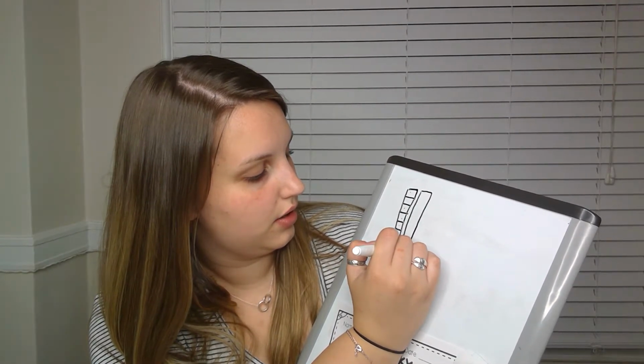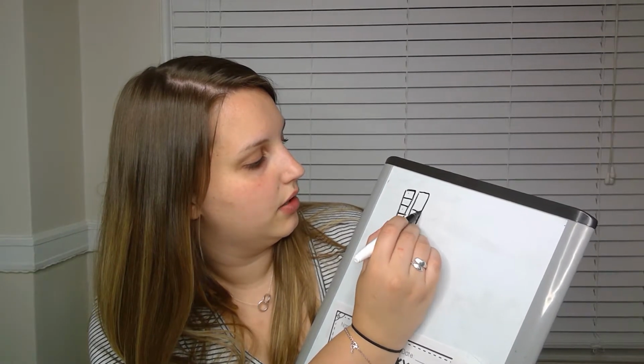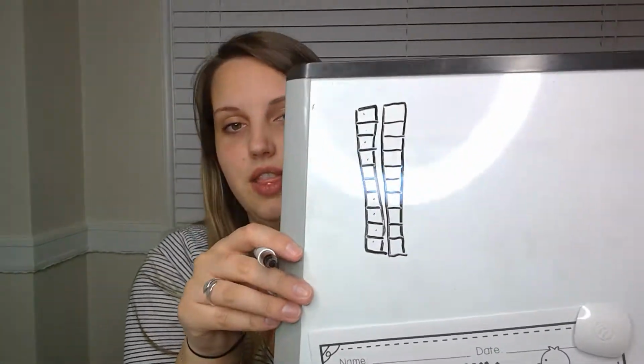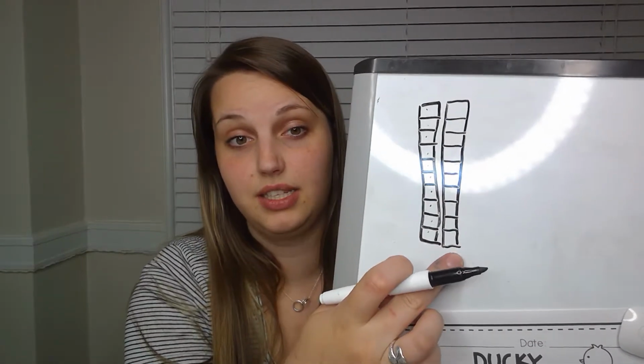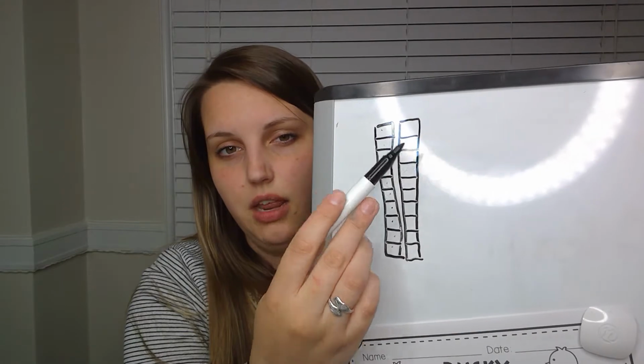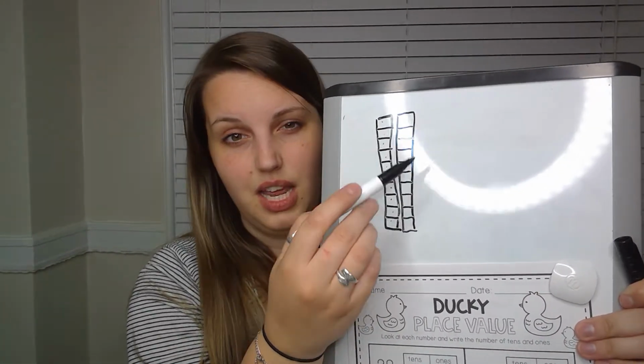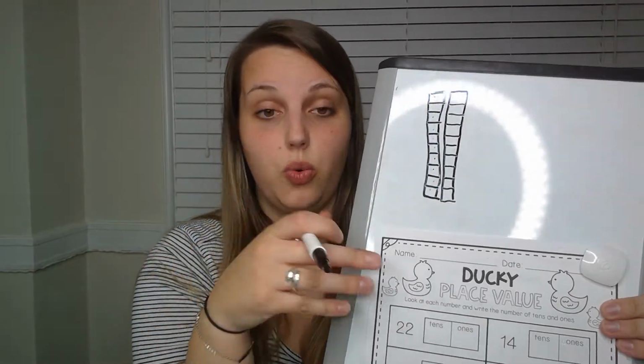These are not the straightest lines, but they'll work for what we need. This 10 stack is right next to the other one. We can see that they're matching, so there's 10 in both stacks. That shows us 20 because 10 and 10 more is 20.